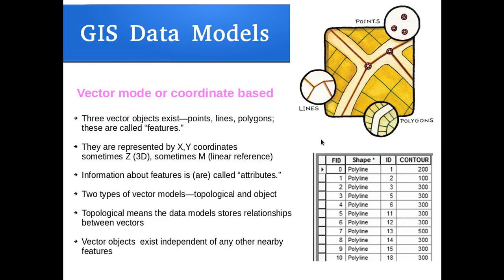An example of that could be the longitude and latitude. That is actually the representation of an x and y coordinate. And another feature of vectors is that the information is independent of other vectors but is also related to other vectors. So I'm going to provide an example in the next slide.